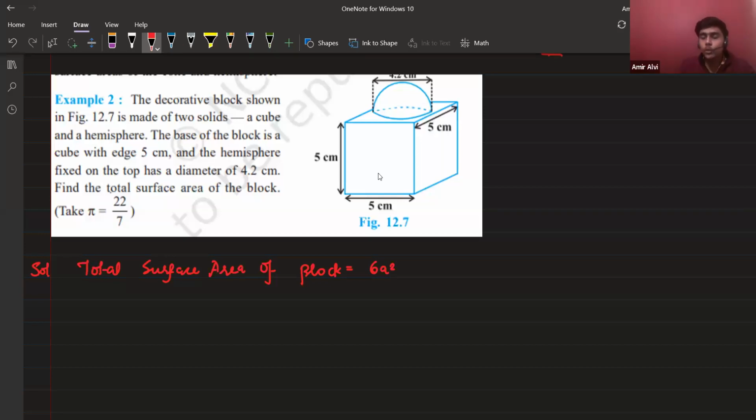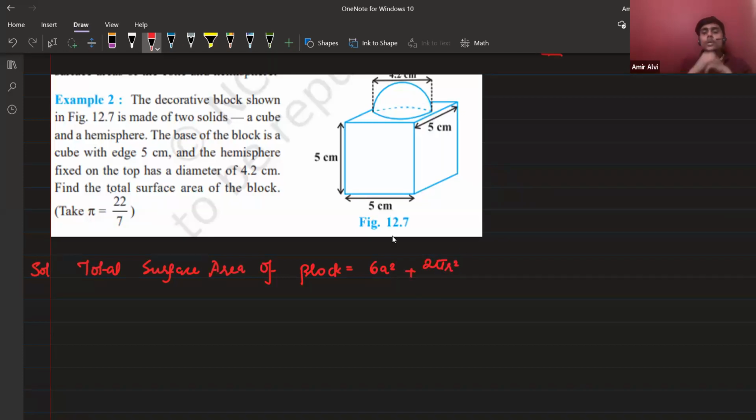Is this point clear to everybody? Yes, sir. Plus, so add 2 pi r square.